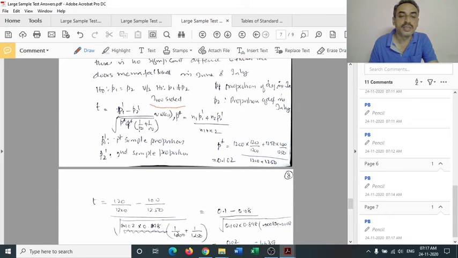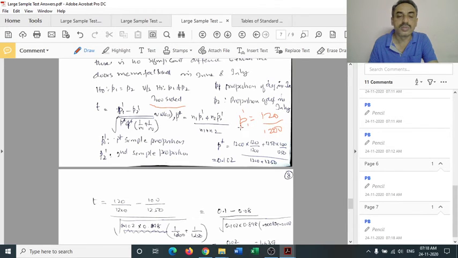And there is another thing we have to estimate using the sample data, that is P star and Q star. P star is N1 P1 dash plus N2 P2 dash divided by N1 plus N2. Substitute all these. P1 dash equal to 120 divided by 1,200. That is the proportion of the first sample.